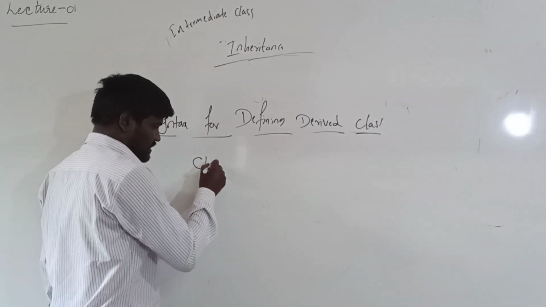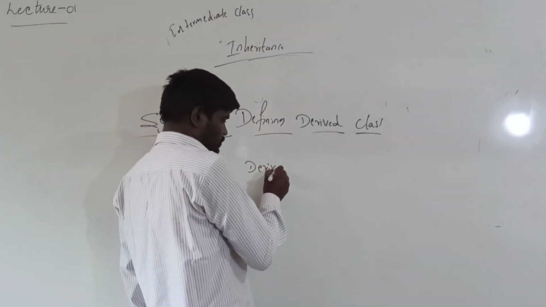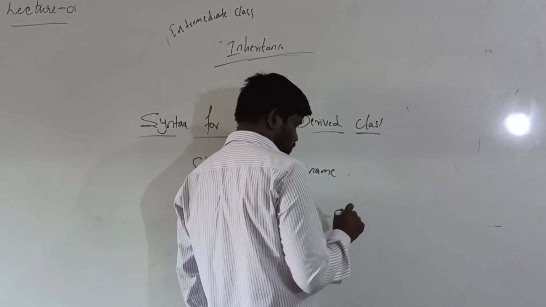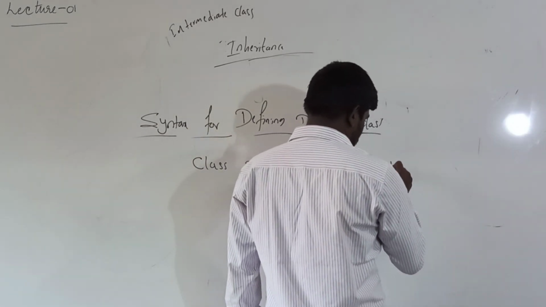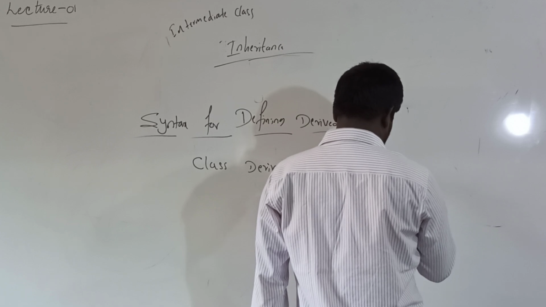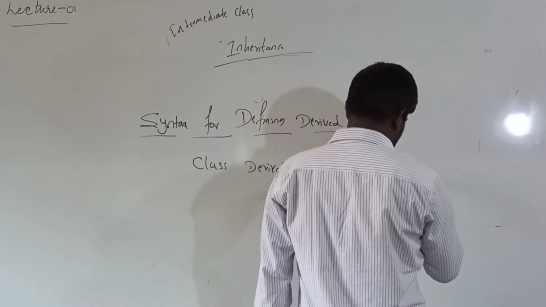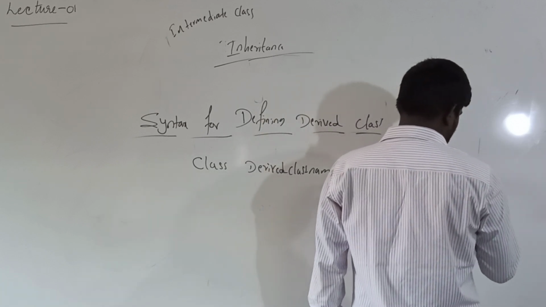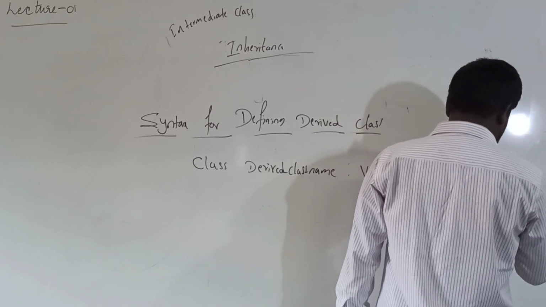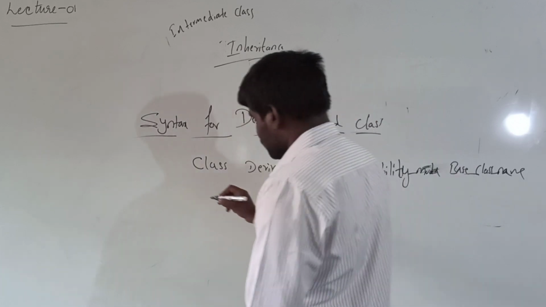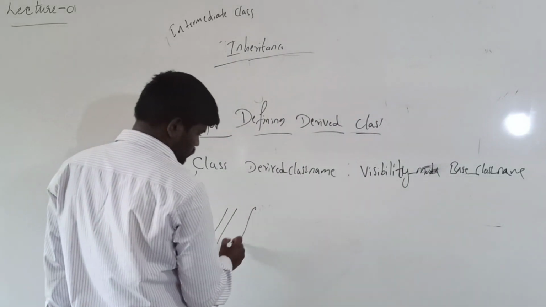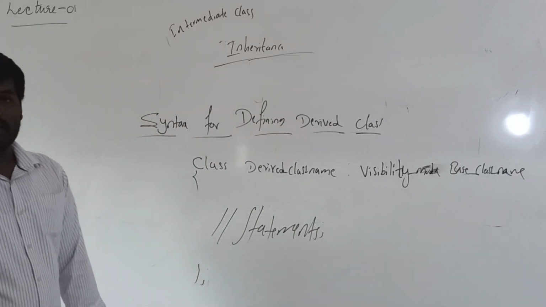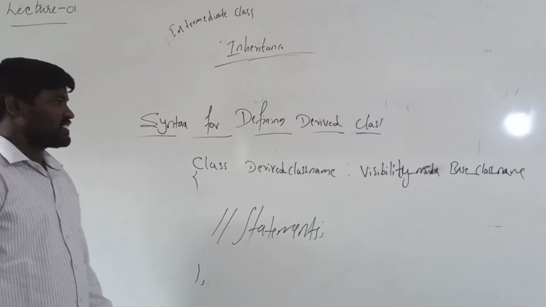So you can write the syntax: class, derived class name, colon, see here. So this is the syntax for defining the derived class.